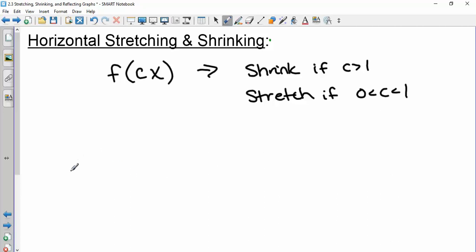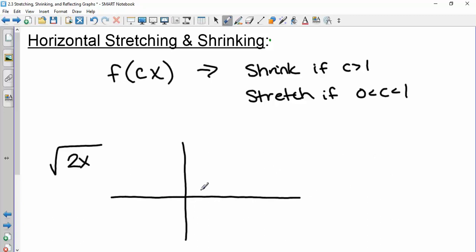So, for example, if I gave us the square root of 2x. So the square root function, our normal points are 0, 0, 1, 1, 4, 2.